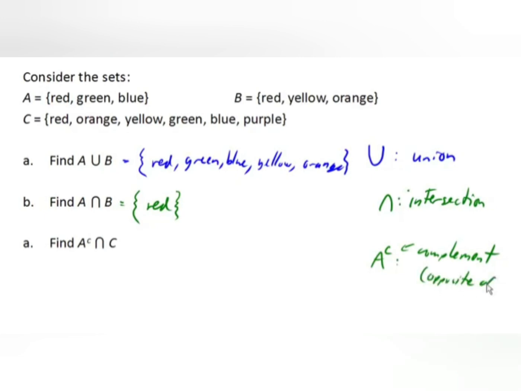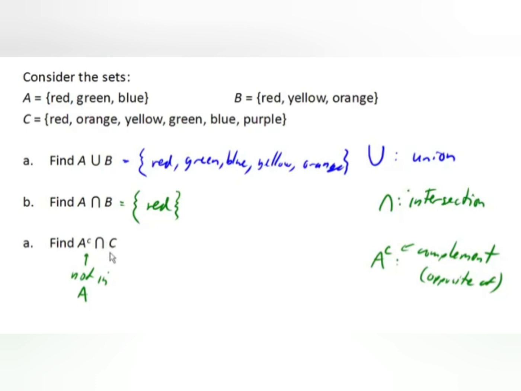So A complement means everything that's not in A. Now, sometimes we have a universal set which defines everything that we're talking about, and we'll see an example of that in a second. But in this case, we just have A complement, so we think of this as not in A. So we're looking for everything that's not in A that intersects with C.